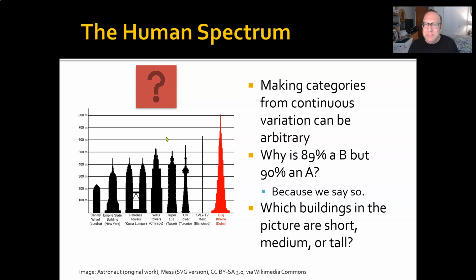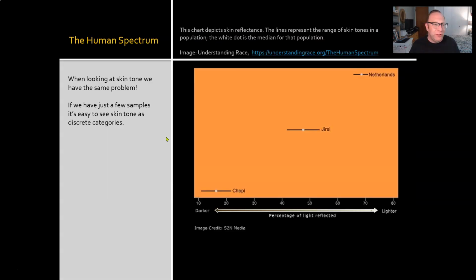So sometimes making categories is a little arbitrary. It's the same way with skin tone. When you've only got 3 samples in front of you, like we do here, this is a chart that measures skin reflectance, how much light is reflected from the skin. To the left of the screen are darker skin tones.